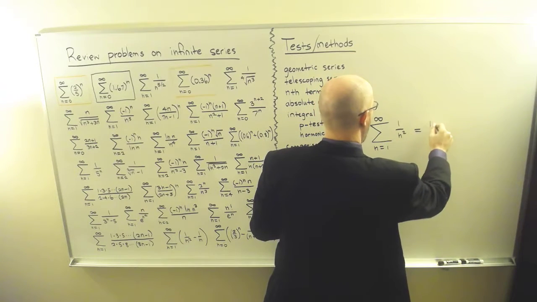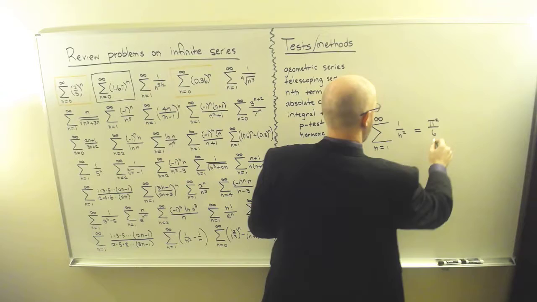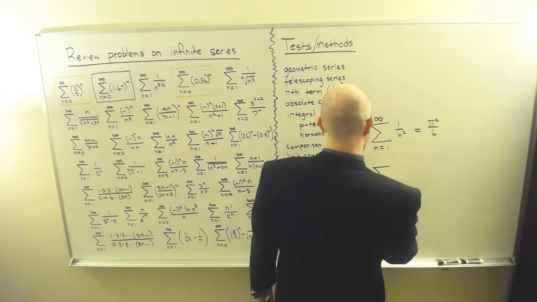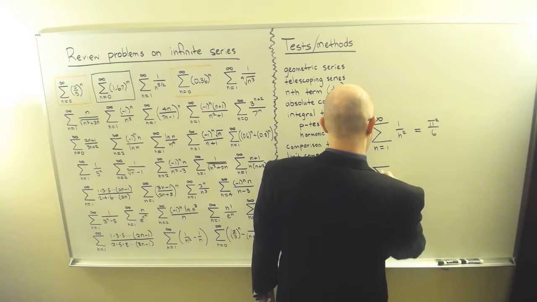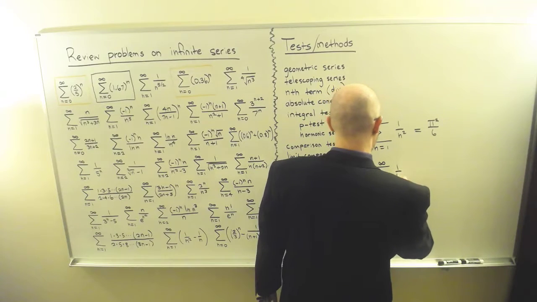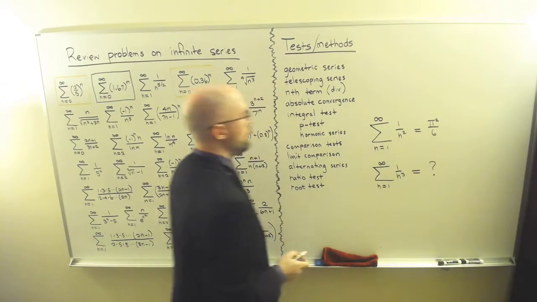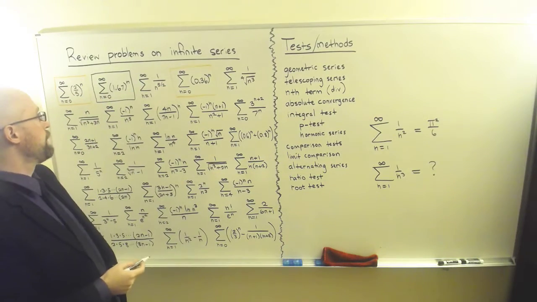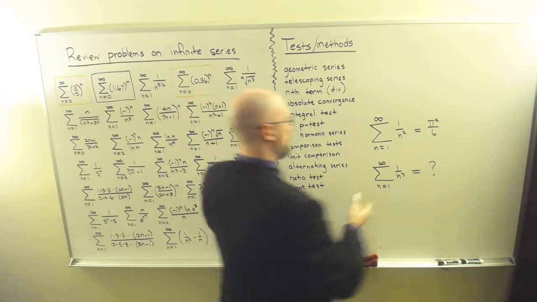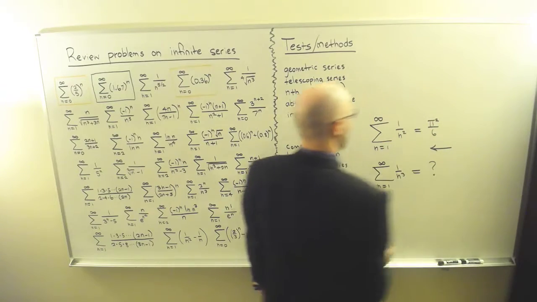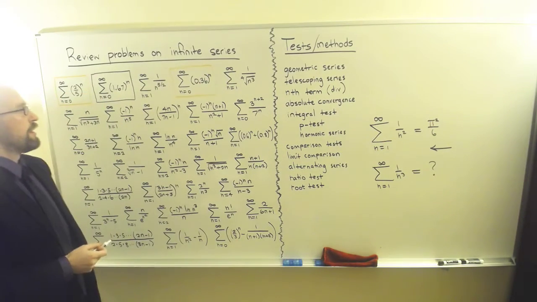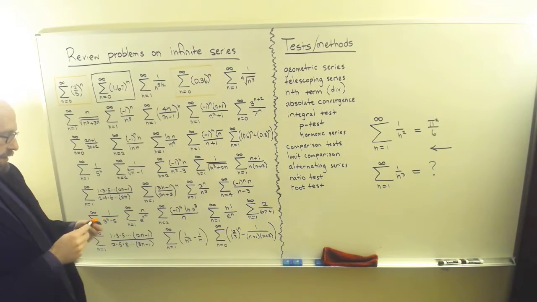This is the famous pi squared over 6. And then 1 over n cubed, nobody knows. And this one kind of fits in between. So this is the one that we're looking at, and it wouldn't be easy to actually think about what the sum of that is.